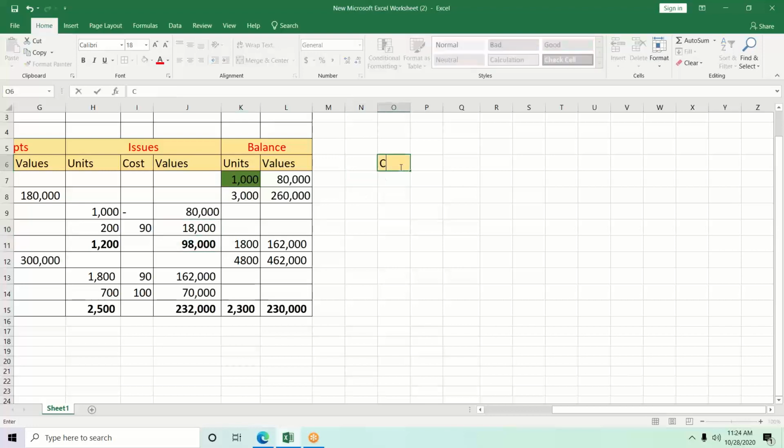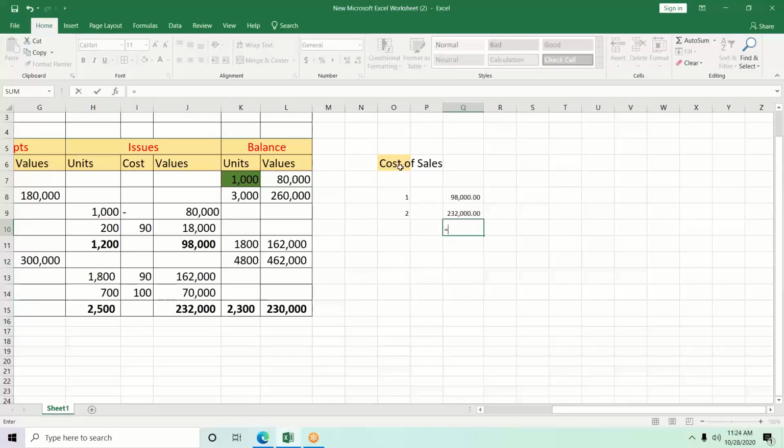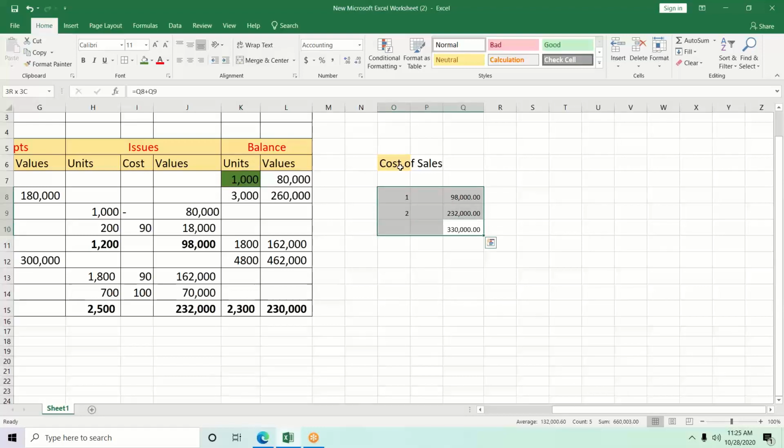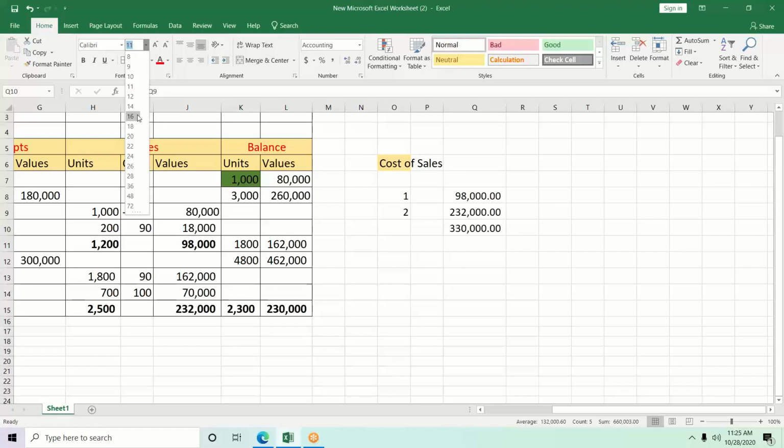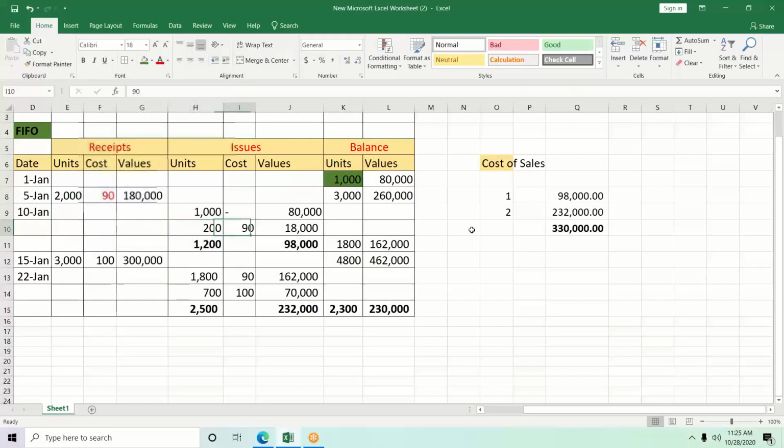So when calculating the cost of sales, the cost of the first sale is 98,000 and the cost of the second sale, of 2,500 units, is 232,000. Altogether the cost of sales is 330,000.